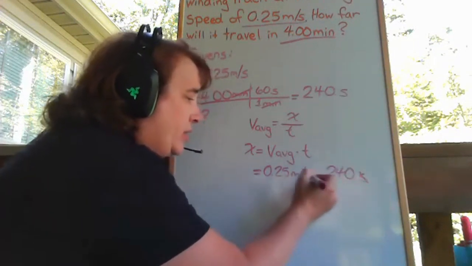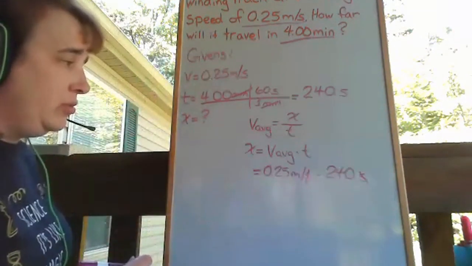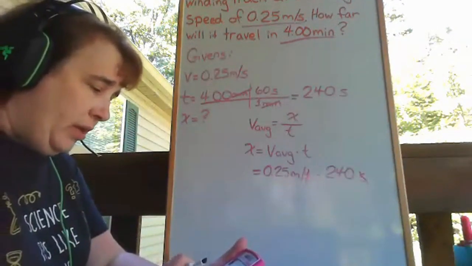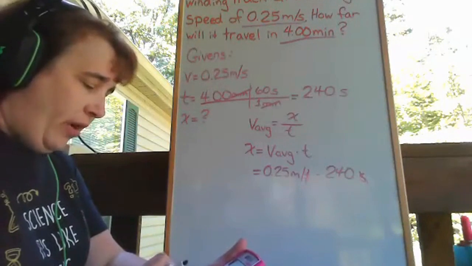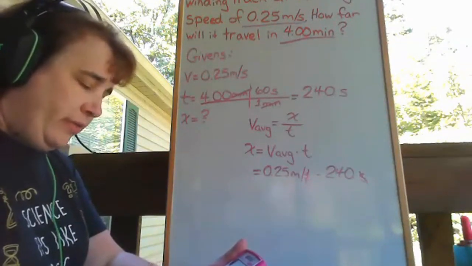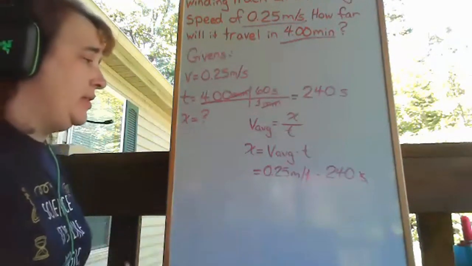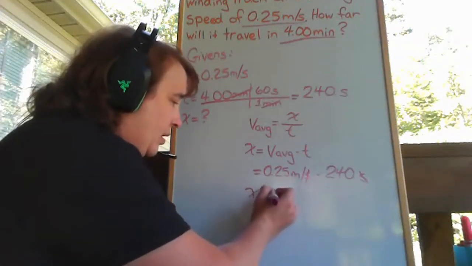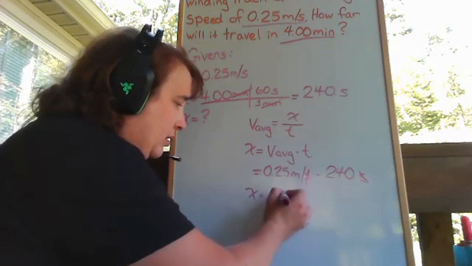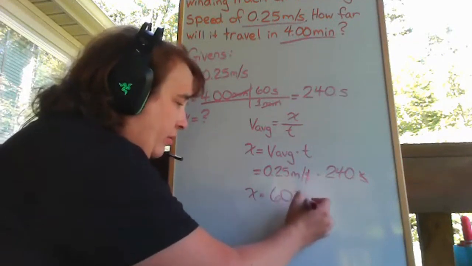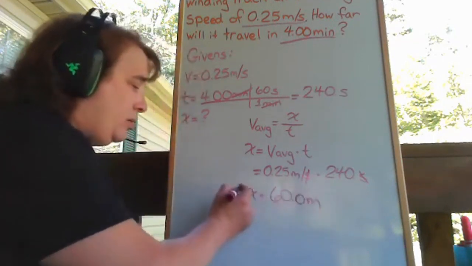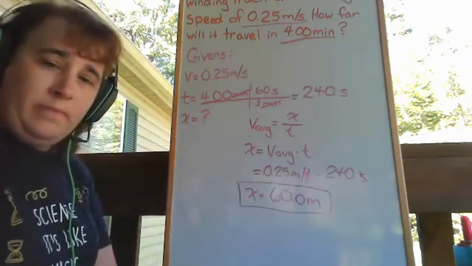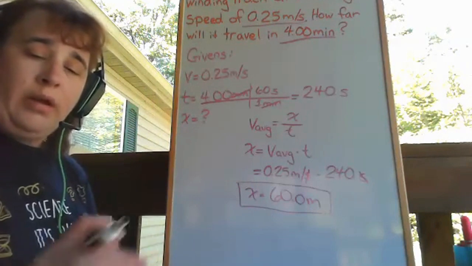Okay, so if you notice that my seconds cancel, so now putting that in, we're going to get 0.25 times 240, and that is 60. So the distance traveled is 60.0 meters. All right, I hope this helps.